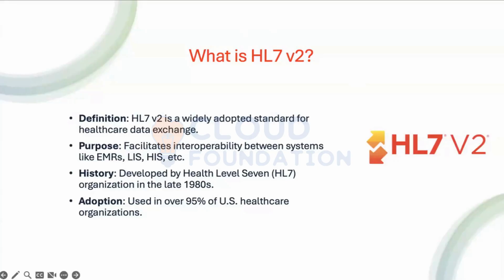I will give you an example. Let's say this is a hospital here, and this is one of the other hospitals here. Before the existence of HL7 V2, as I informed you earlier, this hospital was storing the data in the format of name and age.